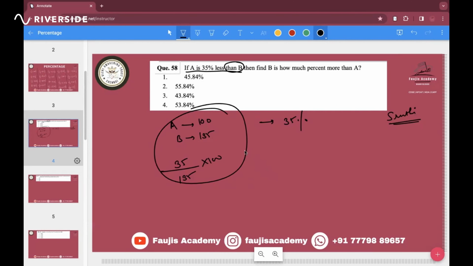So in order to make A 35% less than B, we will start by assuming B as something. So we started with assuming B as 100. And then now we'll reduce A by 35%.